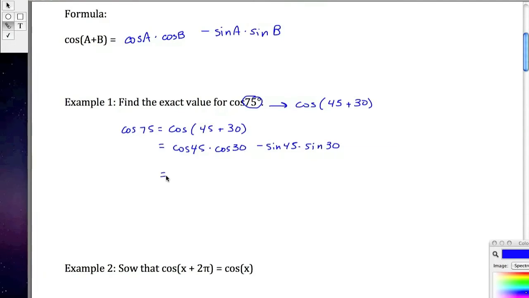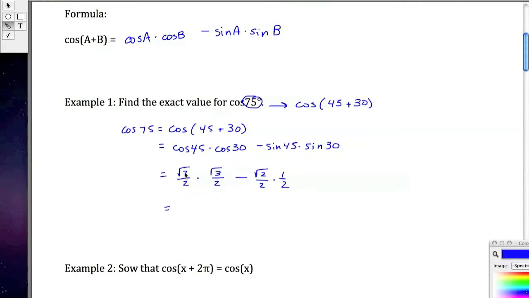When I look to my unit circle, I can use these values, remembering of course that cosine comes first, then sine. So this is going to be square root of 2 over 2 times square root of 3 over 2 minus square root of 2 over 2 times 1/2. Let's reduce these fractions.